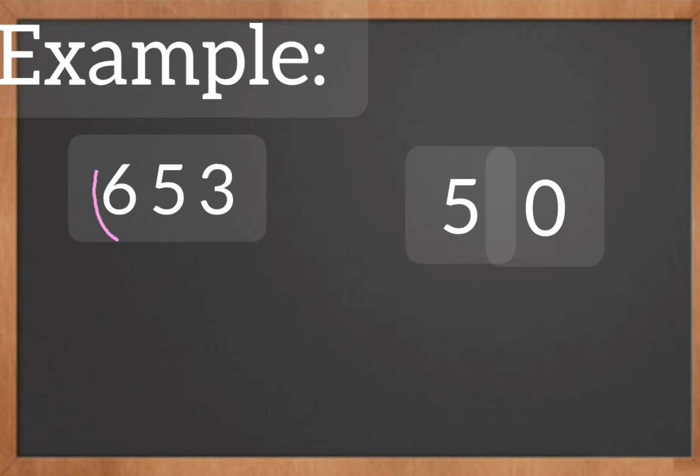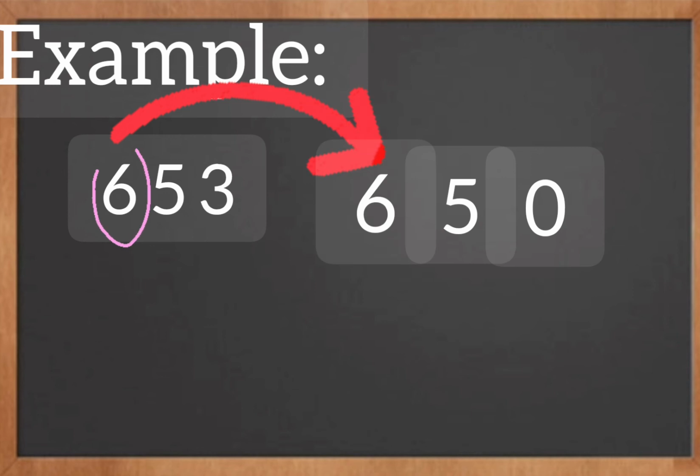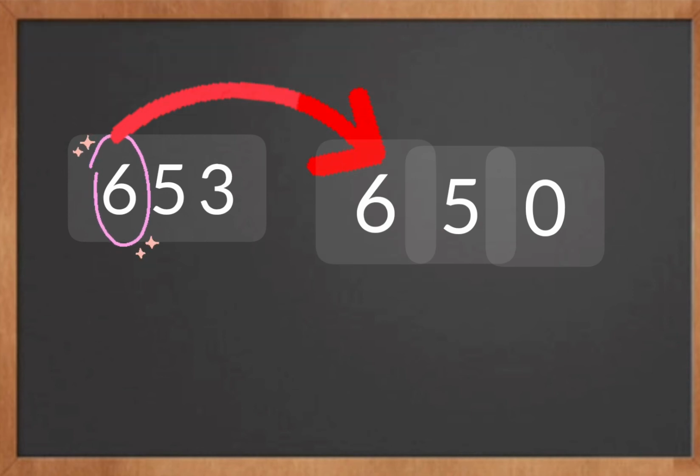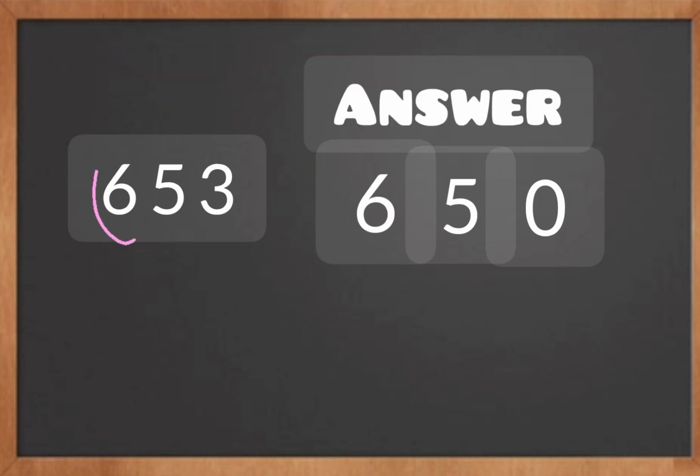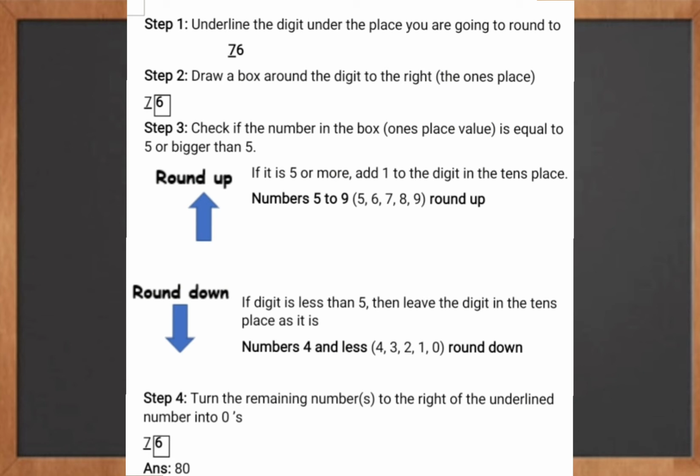But we still have to write it. So you write the 6 before the 5 and the 0. And that is your answer. So 653 rounded off to the nearest tens is 650.